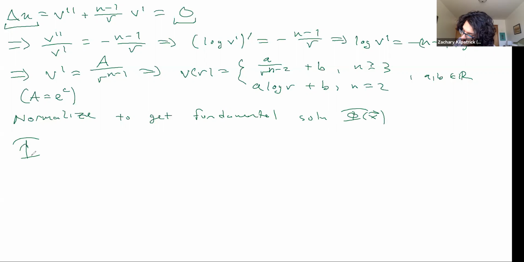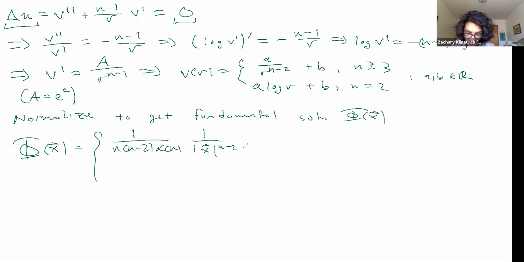And in that case, we have phi of x is equal to what? Well, I'm going to write this out. So 1 over n minus 2, something I'll call alpha n, which I'll define in a minute, although I think I maybe defined it a few lectures ago when we were talking about the heat equation, for n greater than or equal to 3.